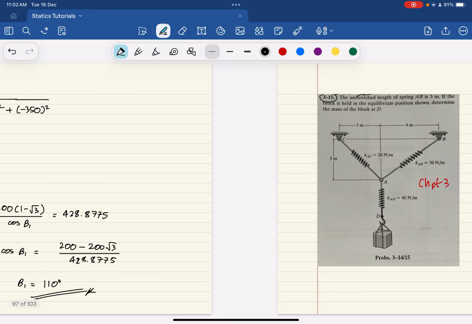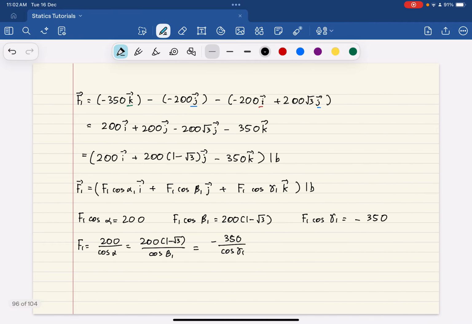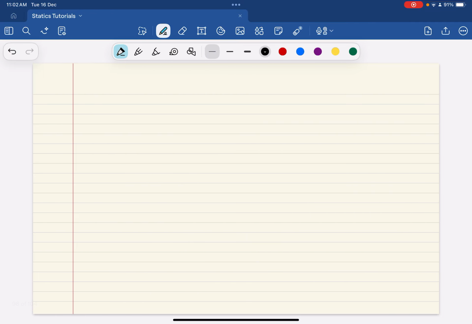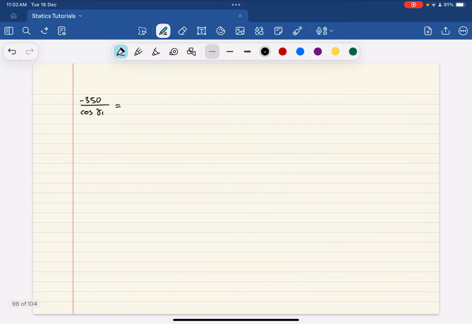And then for gamma, let me just add another page. So we know that negative 350 over cosine gamma 1 is equivalent to 428.8775.